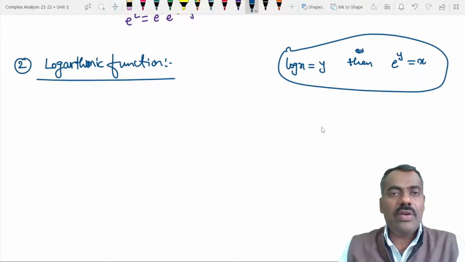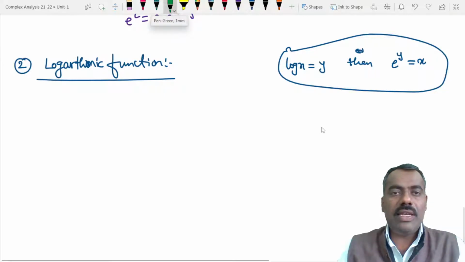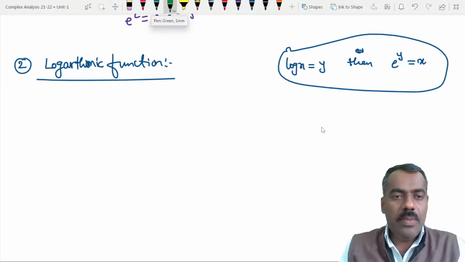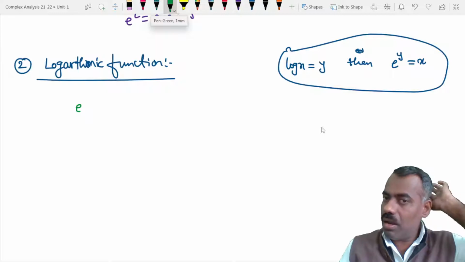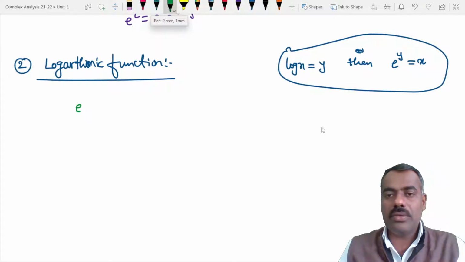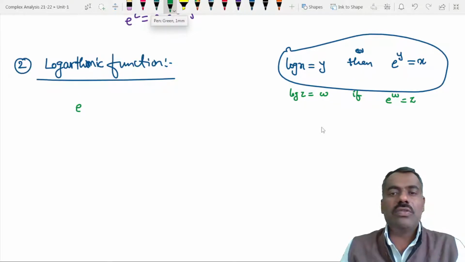In the same way, how we can solve here is we'll solve the equation e power. We want to find the logarithmic function, so we'll consider log z that we want to find. From here you can observe that log z is equal to w if e power w is z. So we will solve this equation.